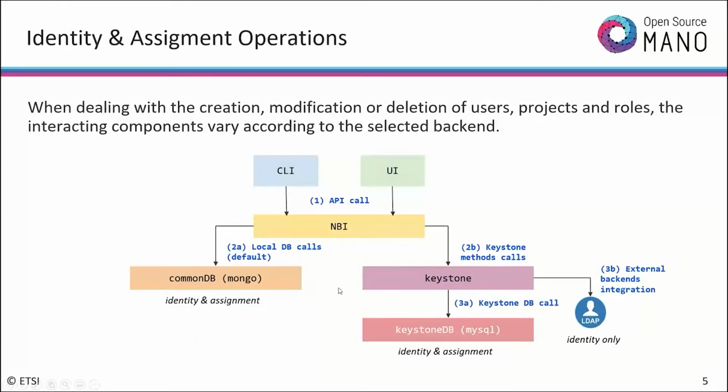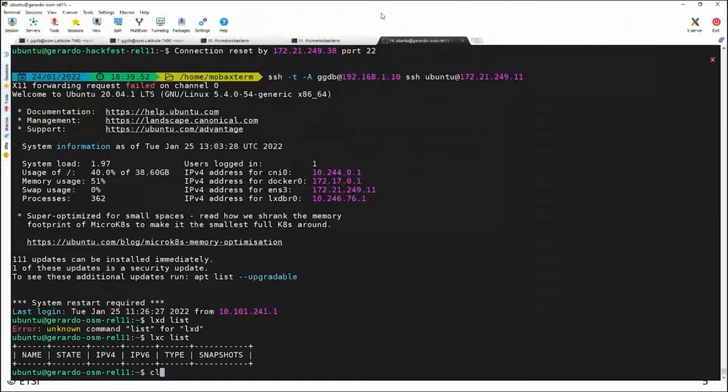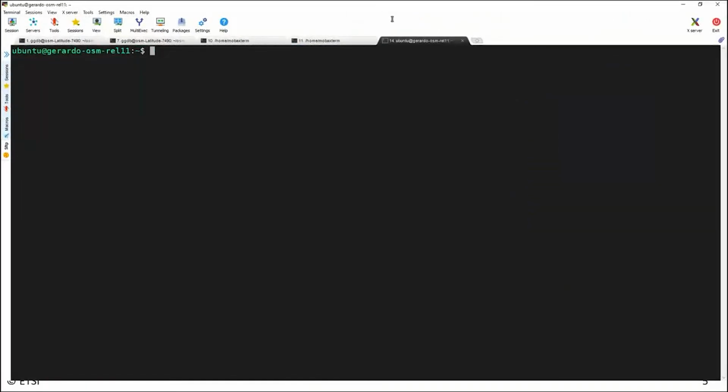Well, and now, I have a set of slides describing different operations so we could understand the modules involved in them. Before that, let me go very quickly to the installation that we did yesterday, because it could be useful for you to understand that everything that we mentioned is here in our instance.